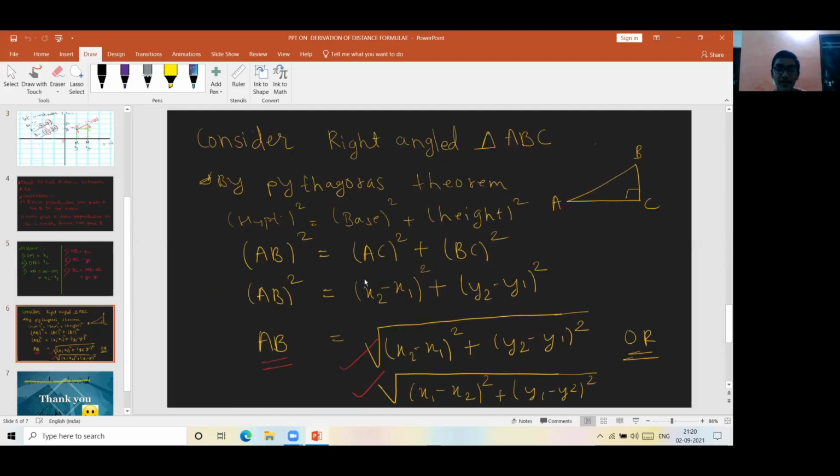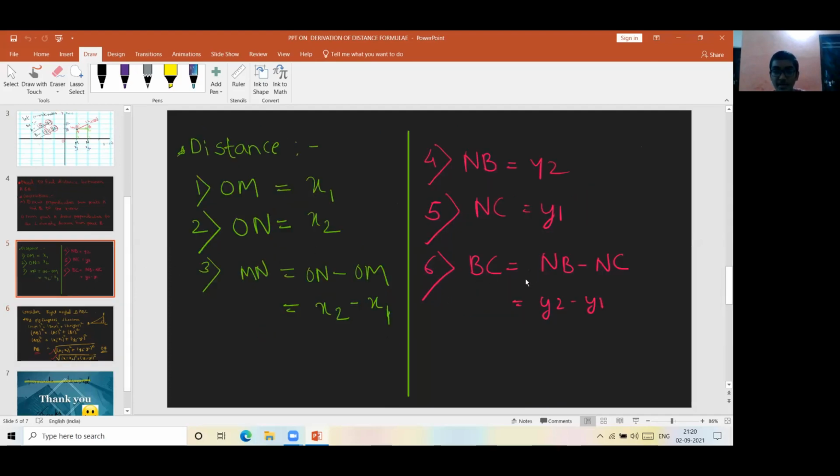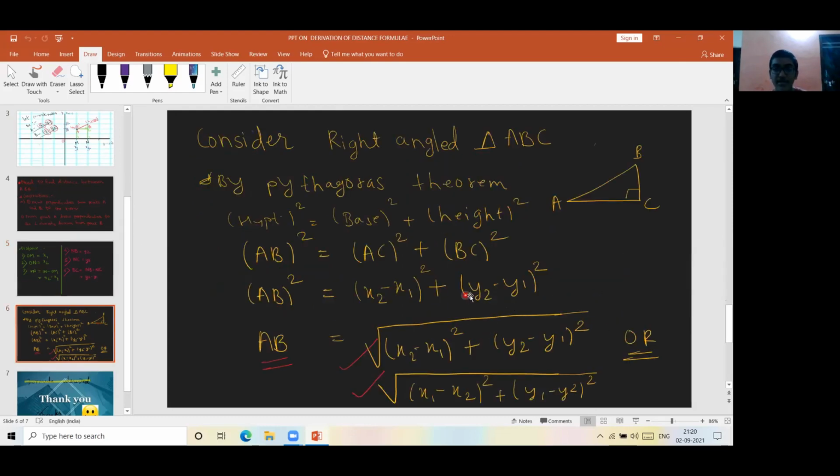So AC is equal to x2 minus x1, and this whole square comes as it is. Plus the BC value, which is y2 minus y1, so BC square is y2 minus y1 whole square.